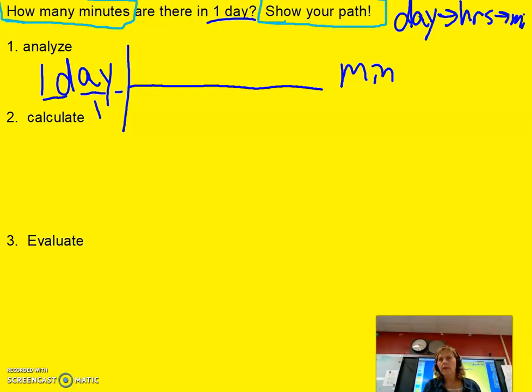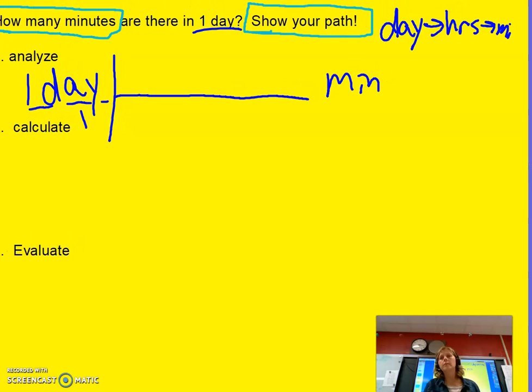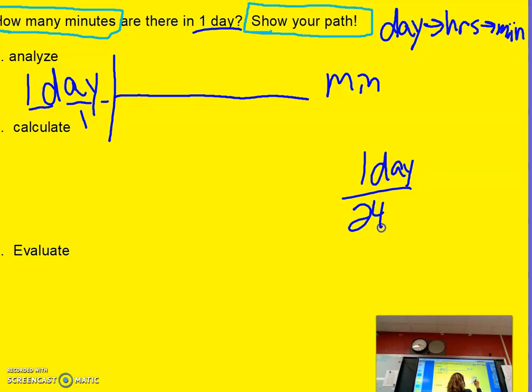That's going to be my path. So when I talk about, oh, we need a path, or to write your path, that's all I'm talking about. What units are you going to go through before you get to your final answer? From days to hours, we know that one day is 24 hours.